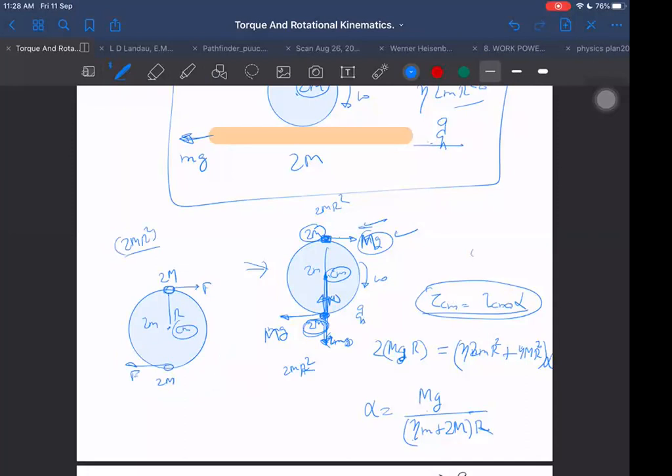Sir, here you consider the 2m block, no, sir. What is the problem down there? I'm not able to hear what you are saying. You're saying here you consider the 2m block, and after that what?